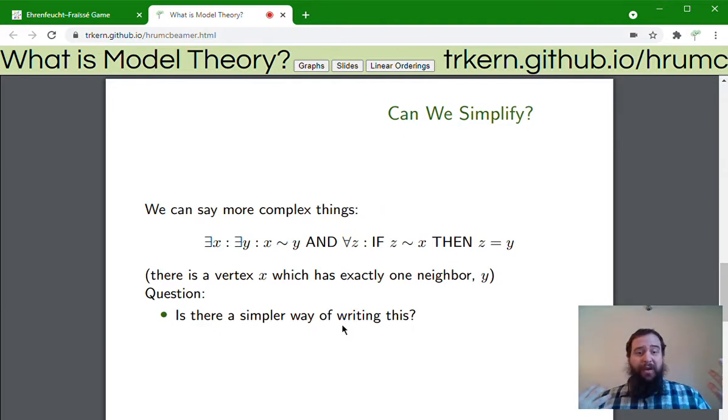And so one of the questions that we can ask and we can answer, and I will answer today, is: is there a simpler way of writing this formula? Now, of course, what does it mean simpler? There's lots of notions of how complex a formula is. You could talk about how many characters it has. But I want to use the notion of how many variables it has, just because that doesn't depend on our particular notation.